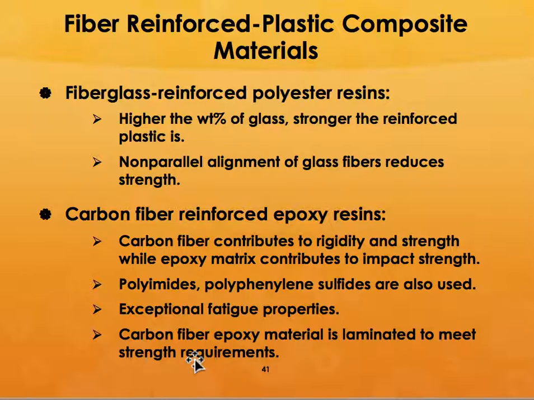In fiberglass reinforced polyester resins, which are some of the most common composite materials, the higher the weight percent glass, the stronger the reinforced plastic is. And if you have a non-parallel alignment, for example, a chopped fiber reinforcement, it reduces strength, because if you have alignment, then it gives you strength in specific directions that you require.